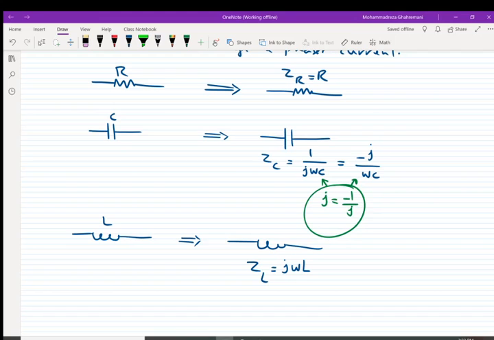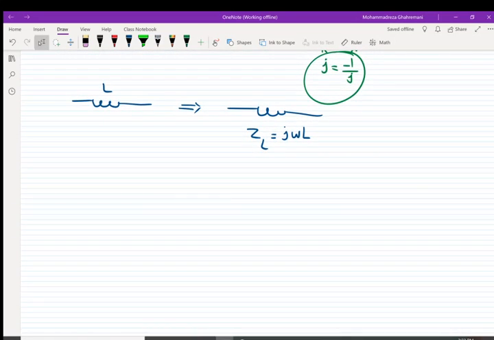But the impedances of a capacitor and inductor are directly related to the frequency. By changing the frequency, these impedances change. So each impedance can be calculated by knowing the frequency, and any specific frequency gives its own impedance for a capacitor or inductor.